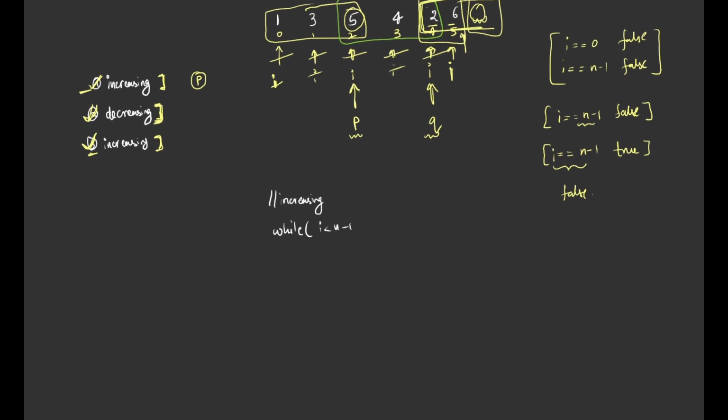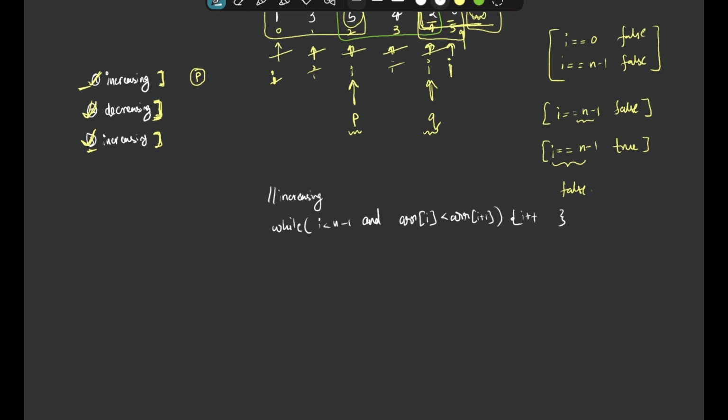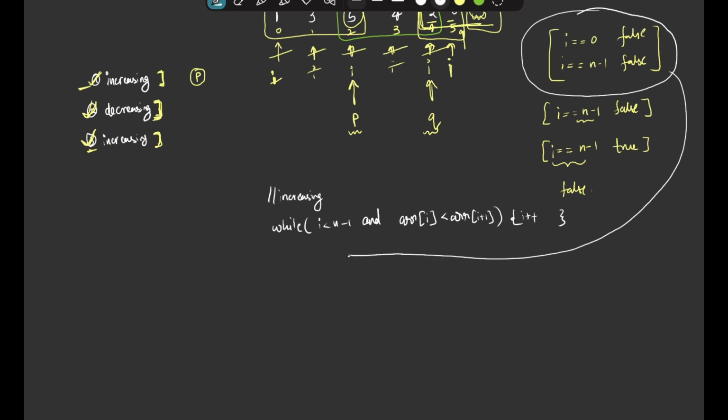So let's go through the pseudo code. While i is less than n minus 1 and, for the increasing part, array of i is less than array of i plus 1, we will do i plus plus. After this, if any two conditions are satisfied, we will return this one.